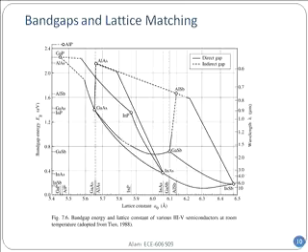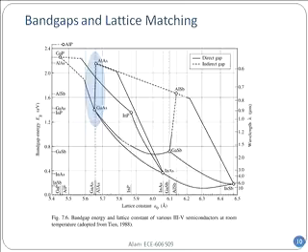Now you cannot simply take a material and put another material on top of it, because as soon as you try to put another material, there will be defects forming unless their lattice constants are about the same. For example, the aluminum gallium arsenide emitter and gallium arsenide base, look at this. You see aluminum gallium arsenide has a certain band gap, let's say about 2.12, and then you have gallium arsenide over there, both having on the x-axis a lattice constant of about 5.65 or so.